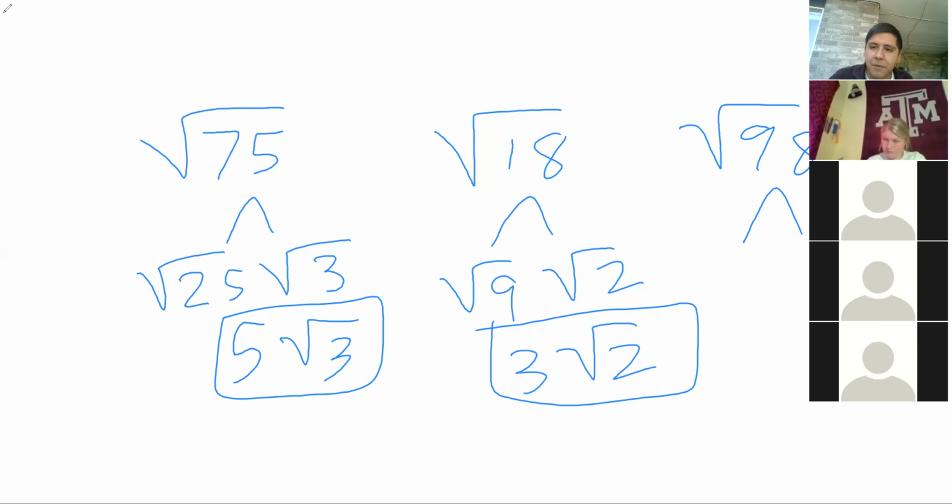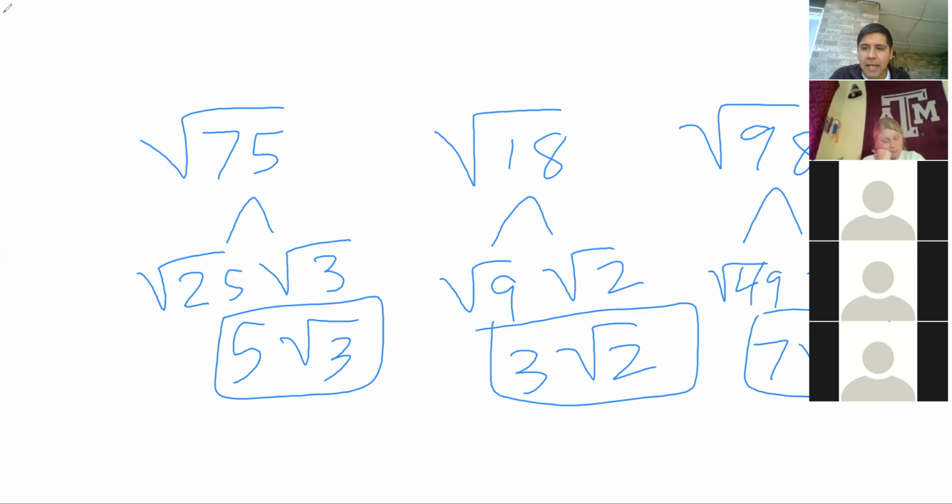So actually, 49 and 2, right? 49 times 2 gives us 98. So then to simplify this, what would we end up with? 7 square root of 2. There we go. So if you're not entirely sure, just start dividing the number by all your perfect squares and see which one fits, okay?